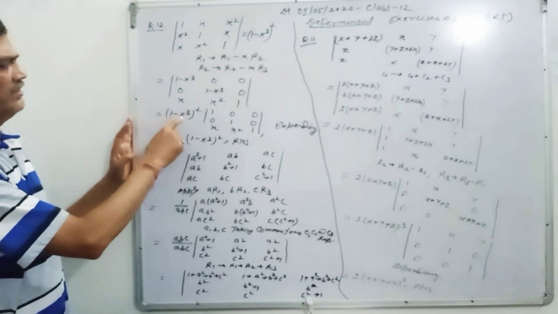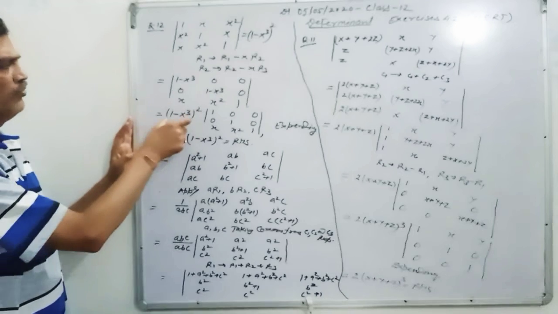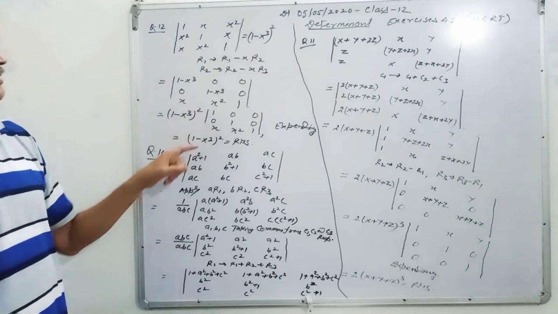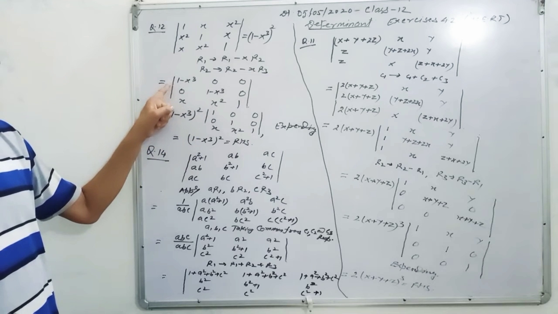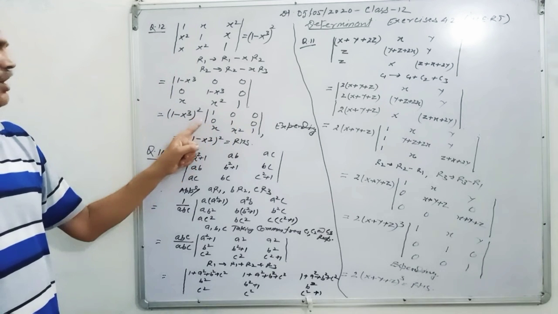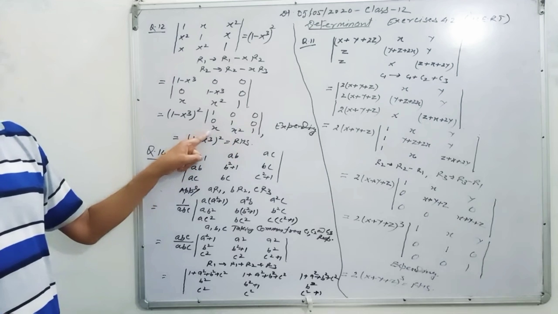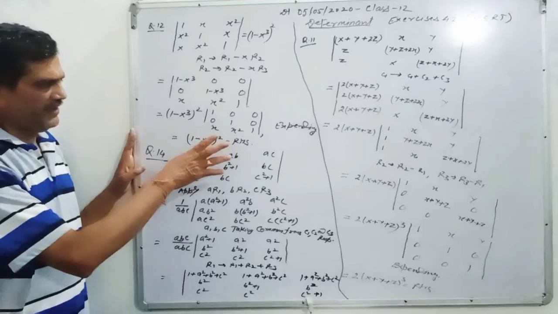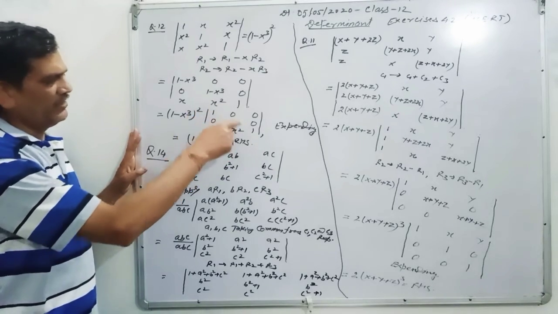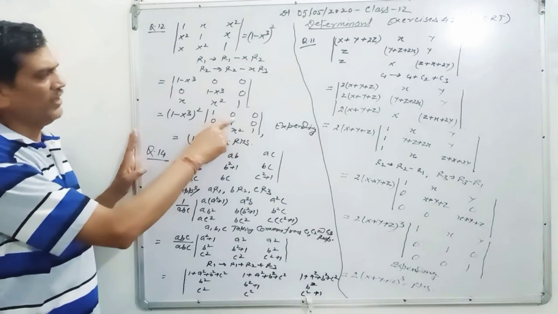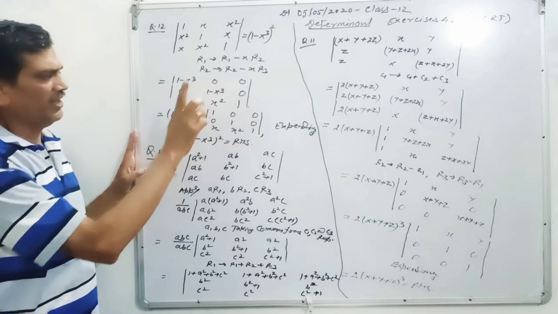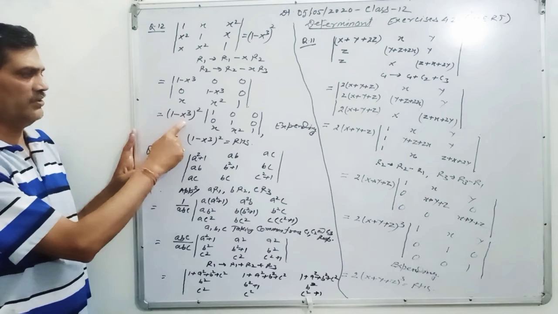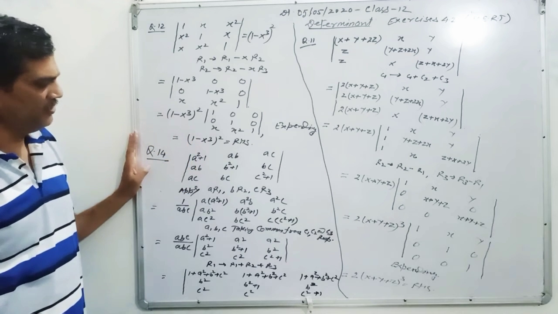So (1 minus x cube) whole square, there are 2 factors in common, and within this determinant you will have in R1 1, 0, 0, R2 0, 1, 0, and R3 x, x square, 1. Now you can expand it. After expanding you will get only 1. When you expand along any row or any column, then your result will be (1 minus x cube) whole square, which is equal to the right side.